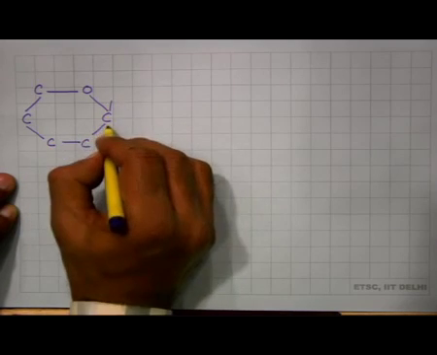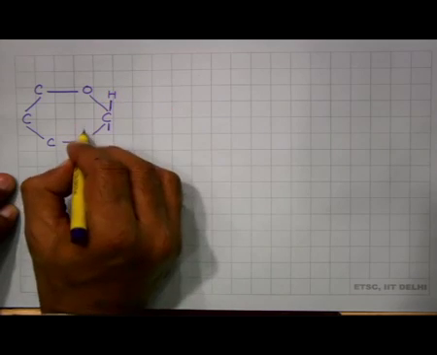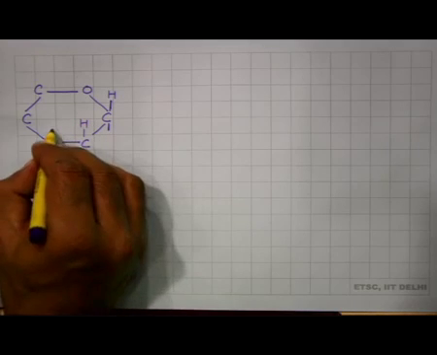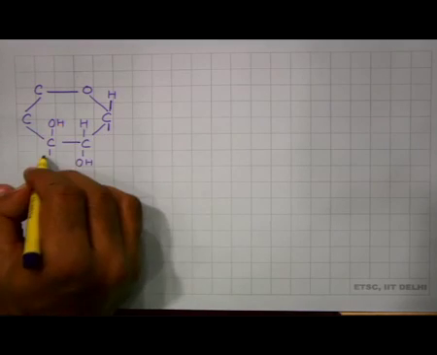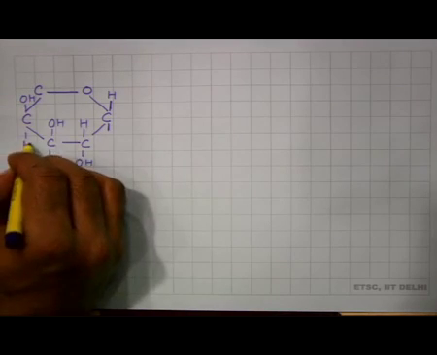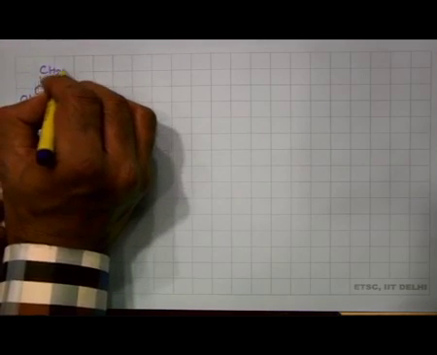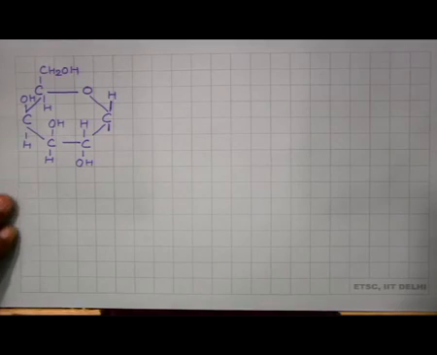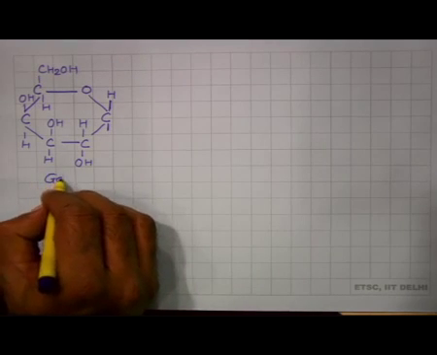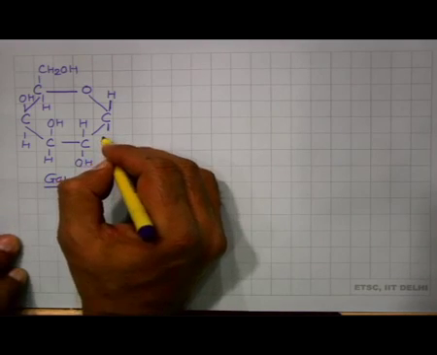So, here we start by writing the structure of galactose: H, OH, OH, H, OH, H, H, CH2OH. This is the structure of galactose. Here an OH group is there.